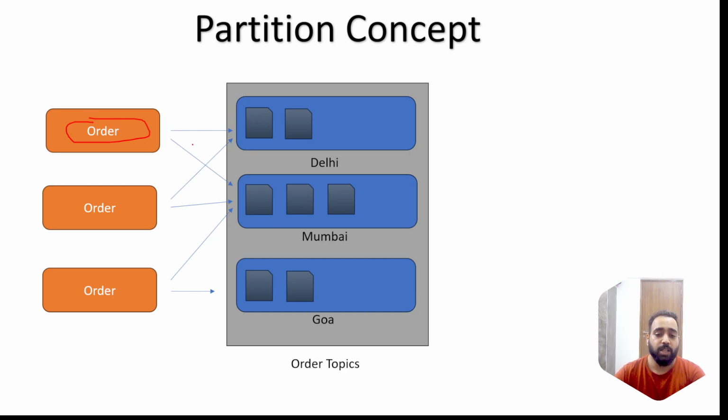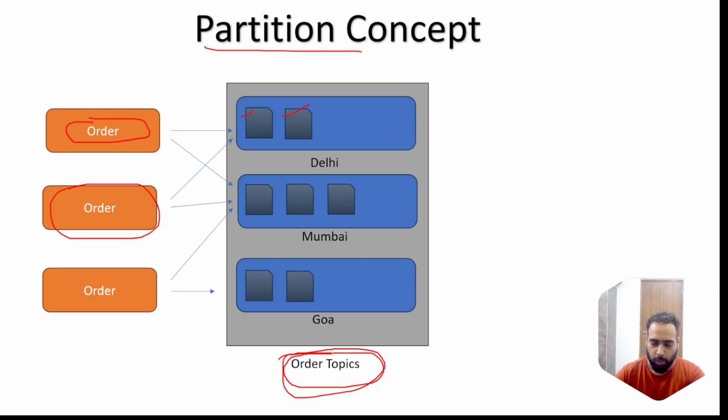So there can be millions of events generated, and how can this be handled? Kafka has the partition concept for each topic. A microservice like the order microservice will generate into the order topic, but these order topics will also be partitioned based on their location.